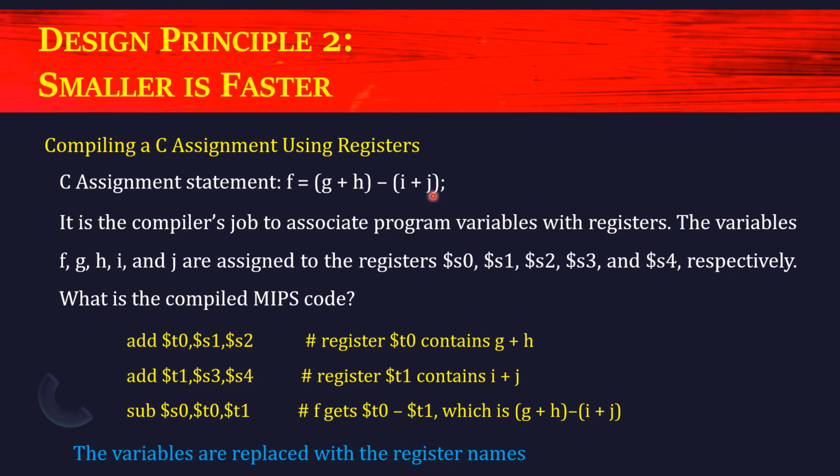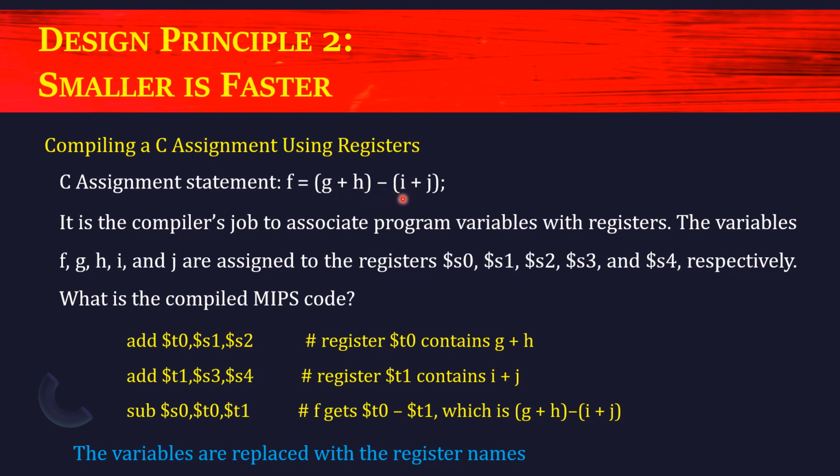So what will be the compiled MIPS code? First the instruction is to perform this g + h. So g is represented by $s1, h is represented by $s2, and we can make use of a temporary variable $t0 for storing the result. So the first MIPS code is add $t0, $s1, $s2.